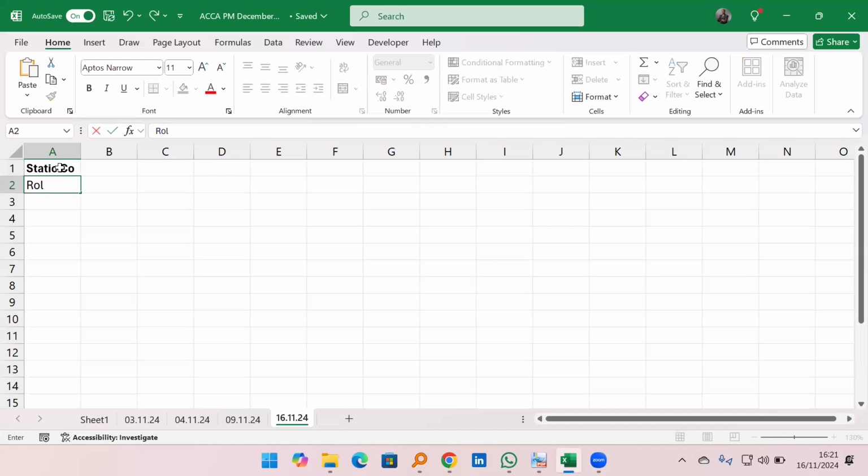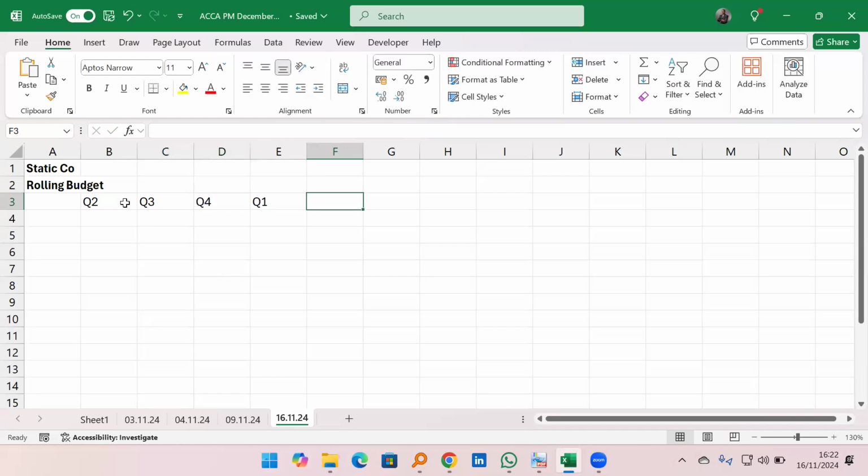So we are going to prepare a rolling budget. So what do we need? Since quarter one is already done, we are going to roll and start from quarter two. So we need quarter two information, quarter three, quarter four, and then quarter one.